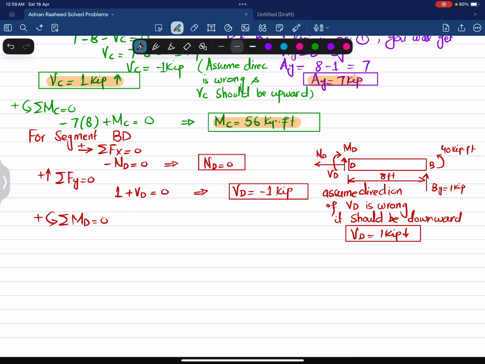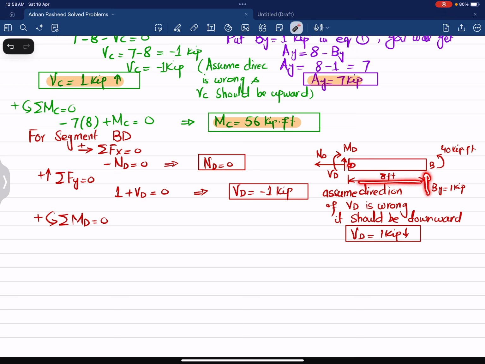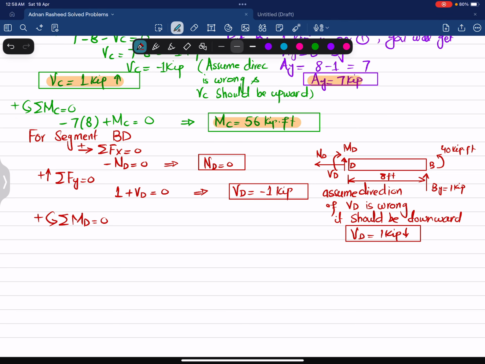Now the sum of all moment about point D is equal to 0. So one load is By and perpendicular distance is 8, is producing counterclockwise moment is positive. This 40 kips into feet is also positive, and this clockwise MD is negative. Their sum must be equal to 0. So I can write minus MD plus 40 kips plus 1 multiplied by 8 is equal to 0.